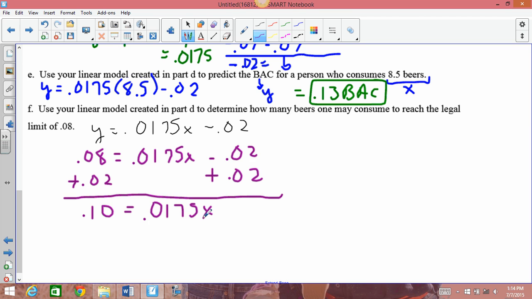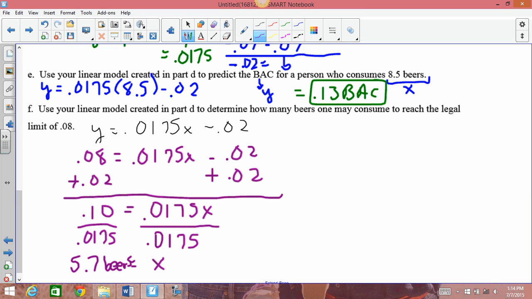You want to solve for x. Alright, so you always divide by the number beside your letter. So divide by 0.0175. And after you divide that there, maybe do a little rounding if you need to, you should get 5.7. X stands for beers, so be sure you put that unit there. So 5.7 beers would put you at the legal limit.